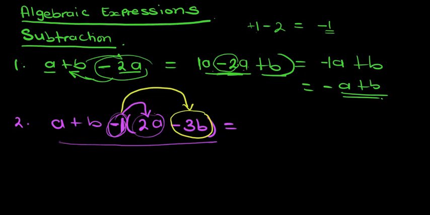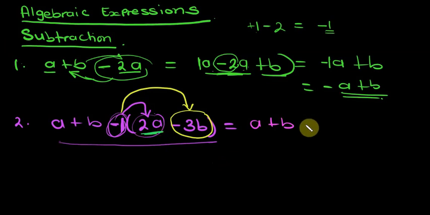We write a plus b as they are. A plus b, and then we look at minus 1 multiplied by the first term in the bracket.